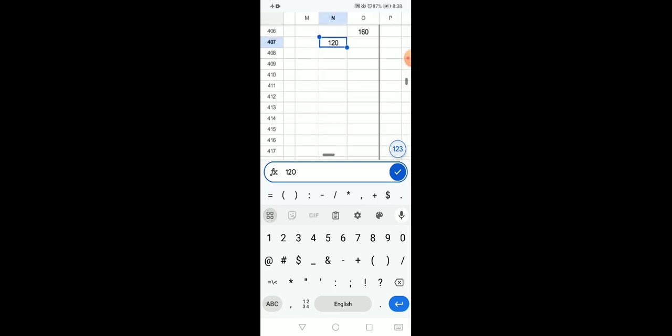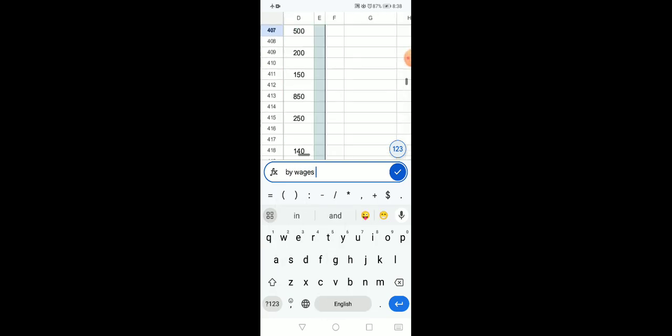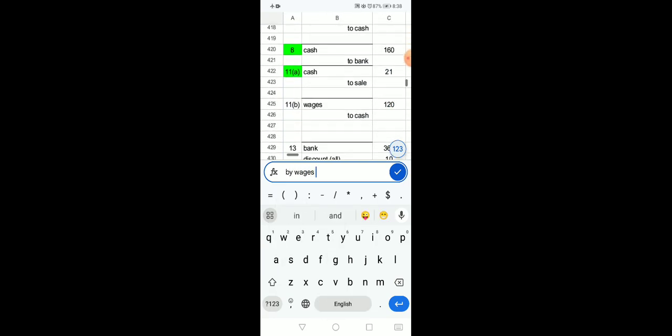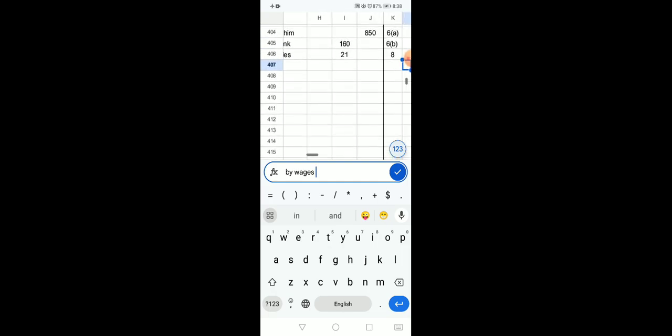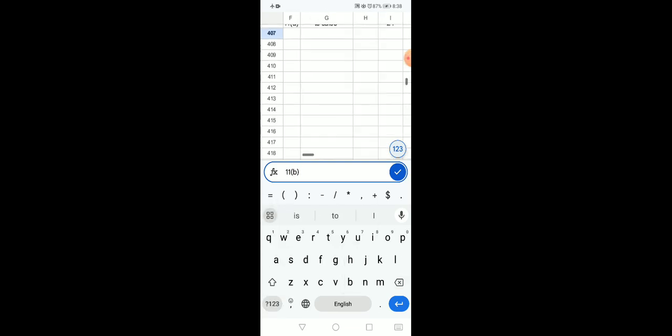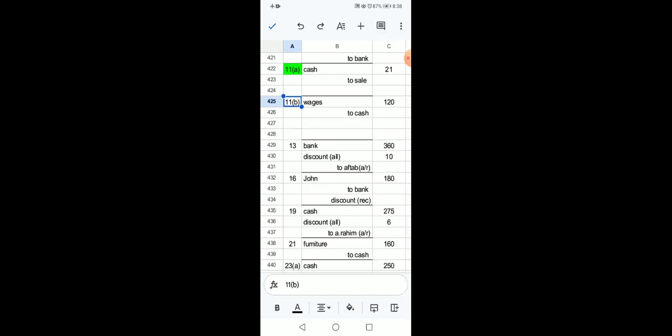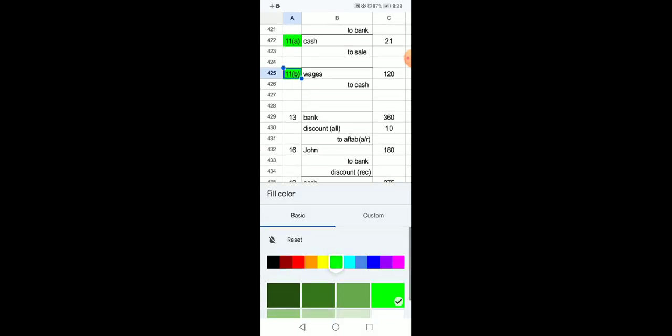So you are going to write wages here with an additional word of "by". Now see its date, which is 11B. Put 11B in the date column. In 11B only one element was needed to be posted, and we have posted. It means 11B is completed. Mark it as it has been done.